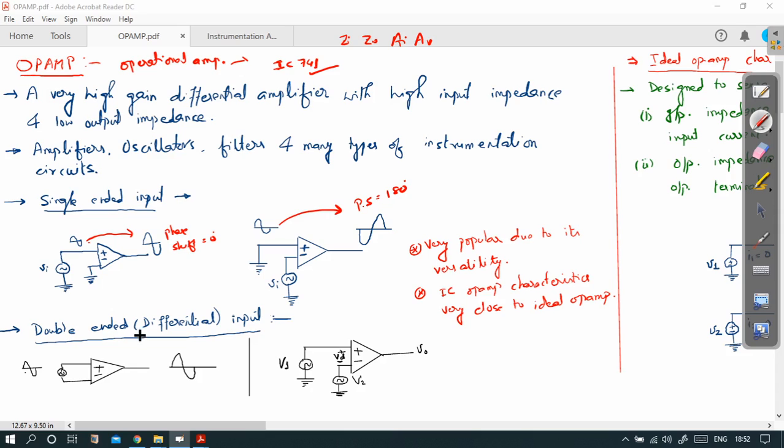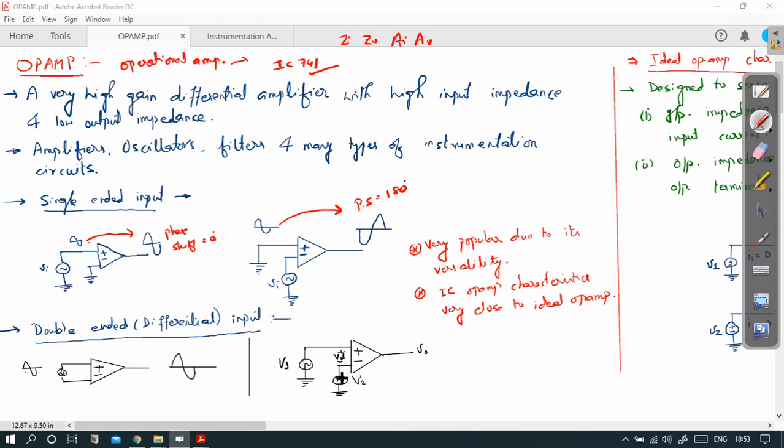We can also give signals to both of the input terminals. In that case it is called a double-ended differential input usage of the op-amp. For example, V1 is given at the plus terminal and V2 at the minus terminal. The op-amp's property is such that it will amplify the difference of the input signals.